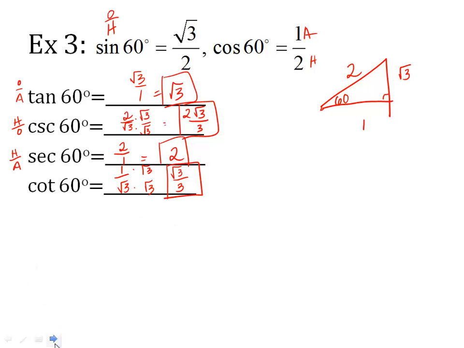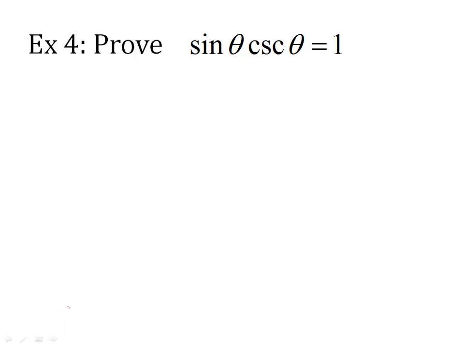All right, then the last type of problem you're going to have are some proving problems, where you just prove the relationships between these trig functions. Now, if you recall, once upon a time, we told you that sine of theta is equal to opposite over hypotenuse. And then we talked about cosecant of theta is hypotenuse over opposite. So they are reciprocals of one another. Okay?